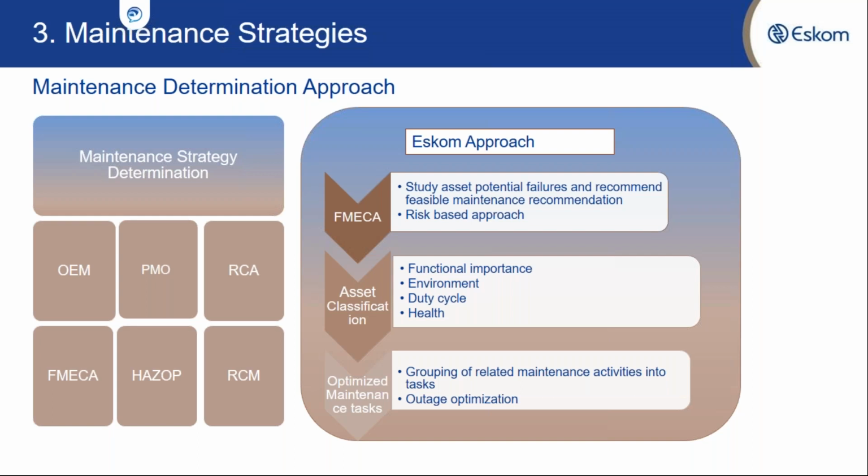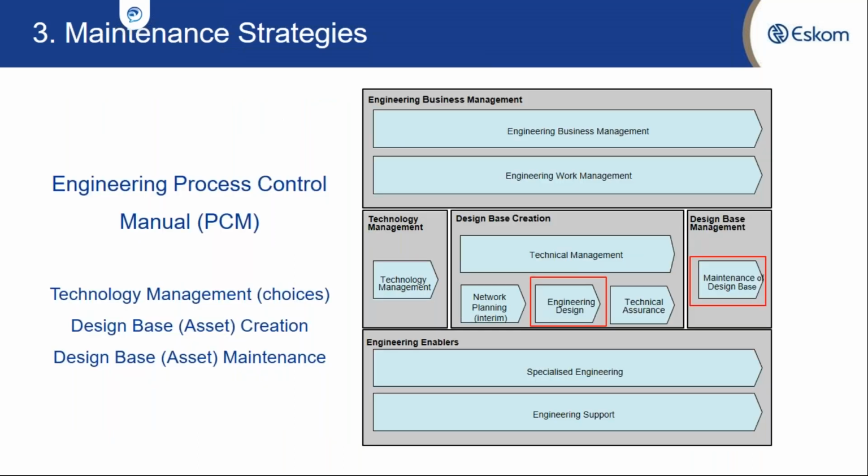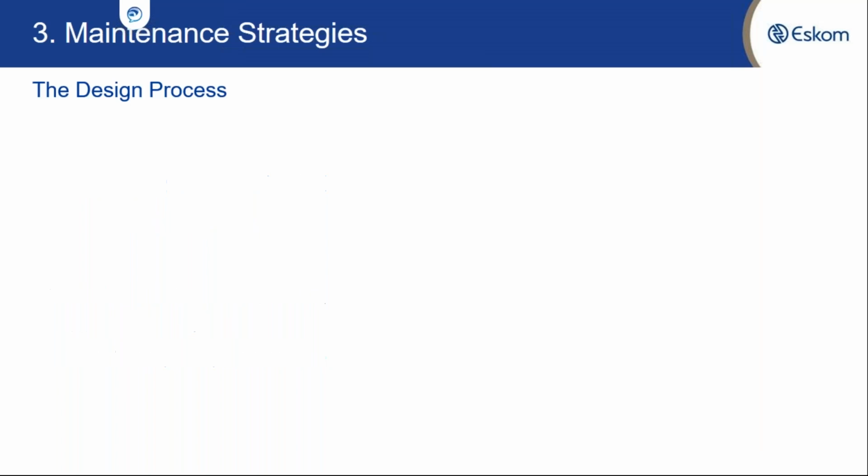Then at the bottom, we do optimization, which is simply a grouping of maintenance activities that can be done through the same outage. And of course, we do outage optimization as well. So we have documented processes which define how we are supposed to be doing maintenance, and those processes actually start in design.